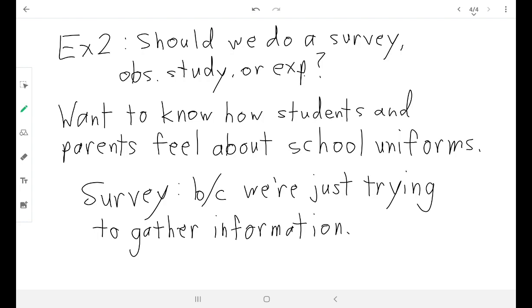All right, so that's which one we would want to use there. All we want to do is gather the information, so we would just use a survey there, okay?